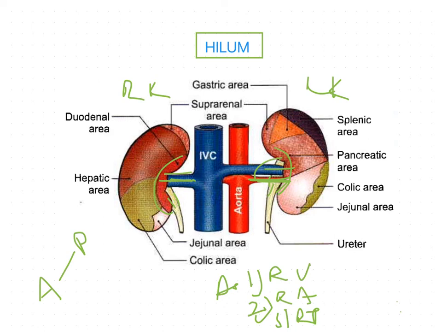You have to remember this, and we are going to discuss it in the vascular branches and vascular segments of the kidney. So this is all about the external features of the kidney. In the next session we are going to discuss the surface anatomy of the kidney.